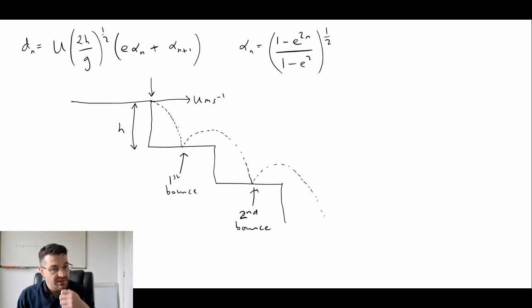These are going to be suvat calculations. The suvat equations are valid between the point of projection and the first bounce, then between the first bounce and the second bounce, and then between the second bounce and the third bounce. But they are not valid for the entirety of this trajectory, because as the ball bounces, it's not constant acceleration.